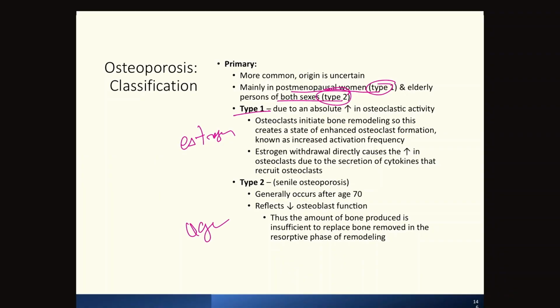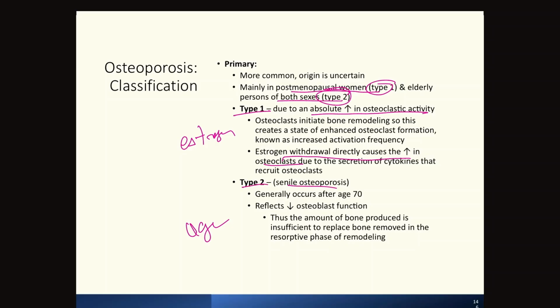Type 1 has an absolute increase in osteoclast activity. Why? Again, estrogen dropped, so it's not suppressing osteoclasts anymore, so they can go crazy and degrade your bone. Estrogen withdrawal directly causes an increase in osteoclasts due to the reduction in the cytokines.